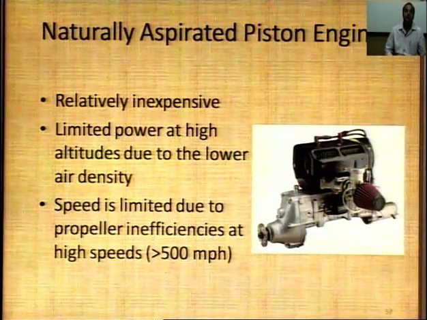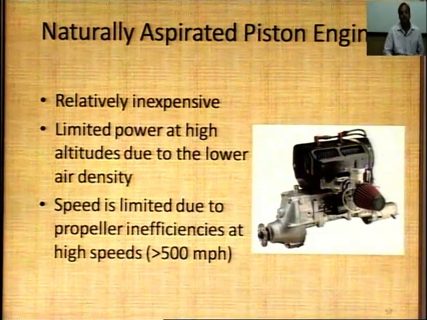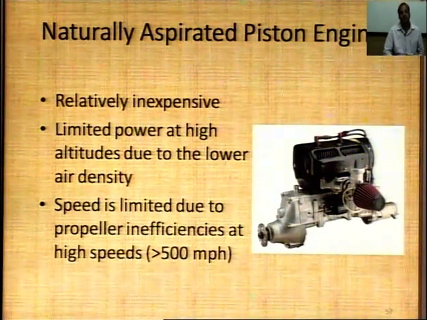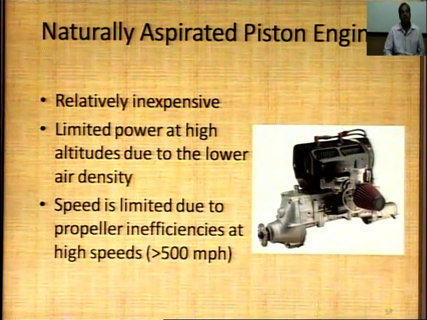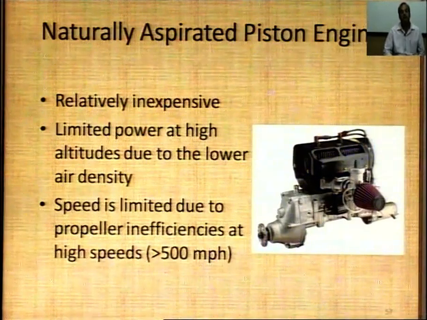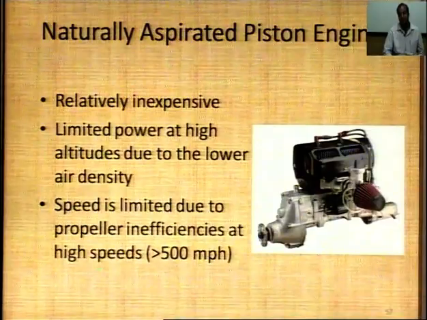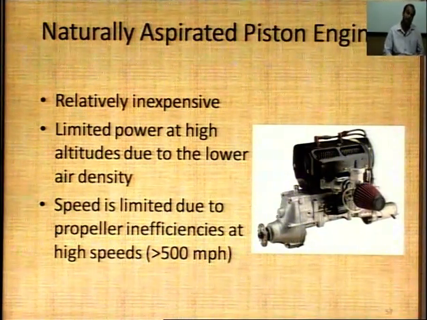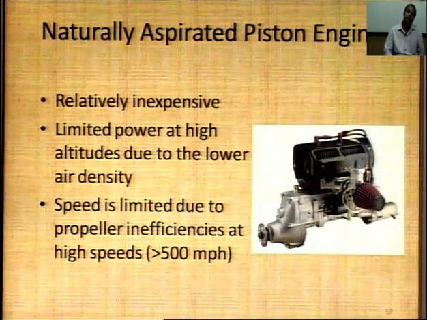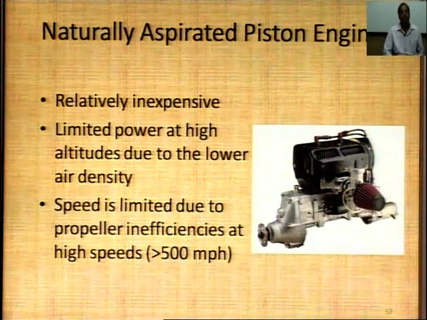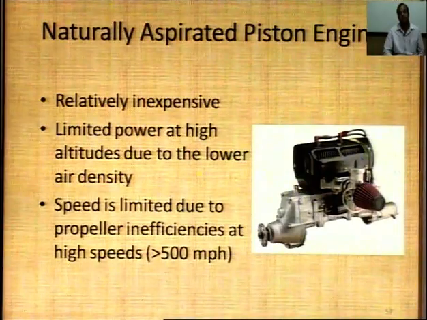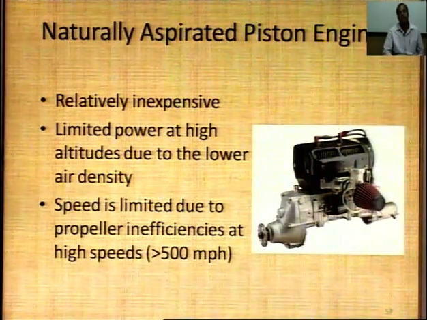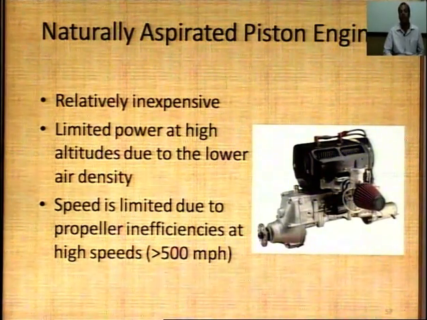Now let me discuss naturally aspirated piston engines. The first is, these are relatively inexpensive as compared to turboshaft engines or turbojet engines. The piston engines are very inexpensive. Second is limited power at high altitude due to the lower air density.